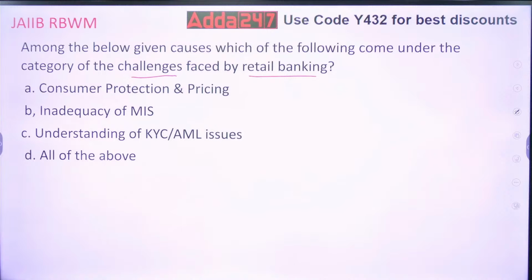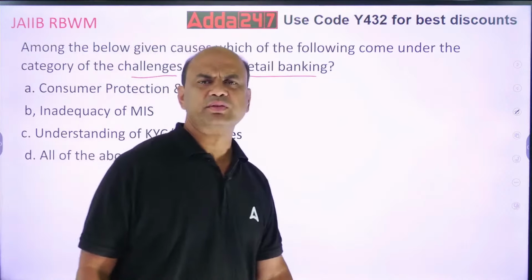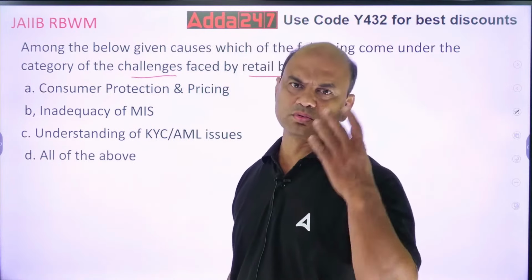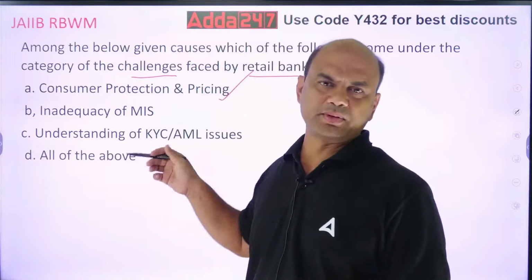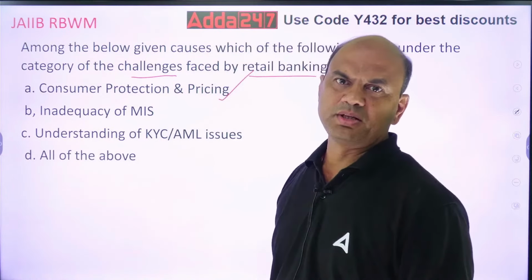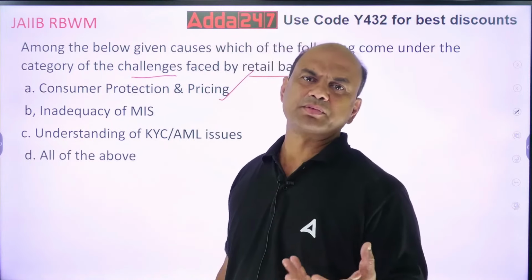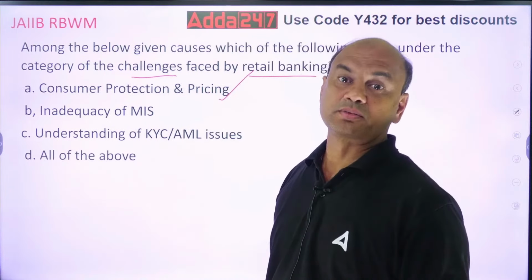Consumer protection. Is this a problem nowadays? Challenges faced by the retail bank, consumer protection. There is, because you do any mistake over here, immediately the customer goes to consumer court. So it is there. Adequacy of MIS, is it there? Means you have such a big population that the MIS becomes short now. Every day the population is increasing, the customer base is increasing.